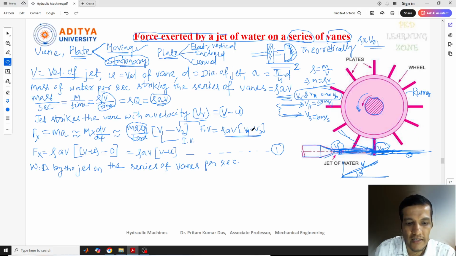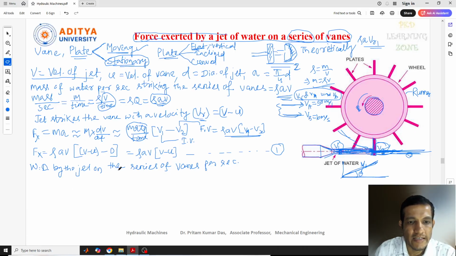So impact of jet is nothing but here v1, like initial velocity, and final velocity v2. When the question is about the impact of the plate on the fluid, on the jet, then we need to calculate v2 minus v1 in that time.